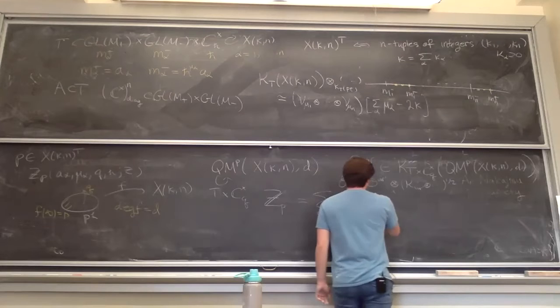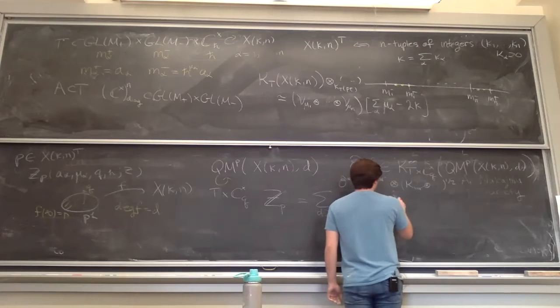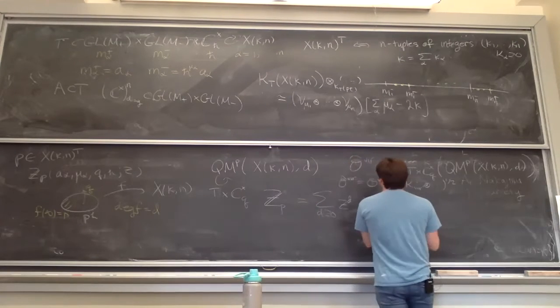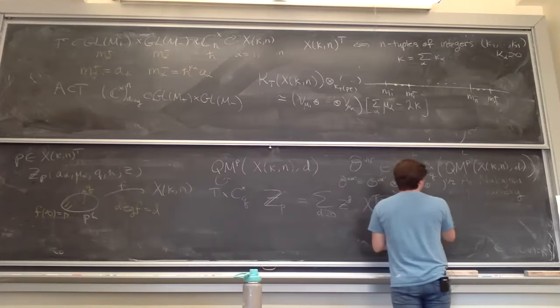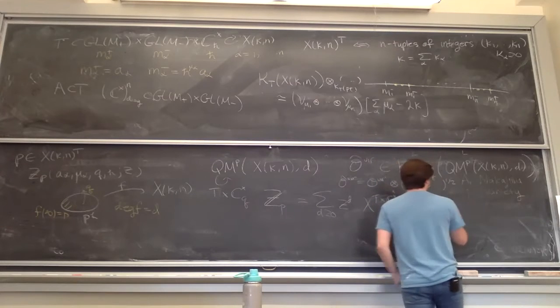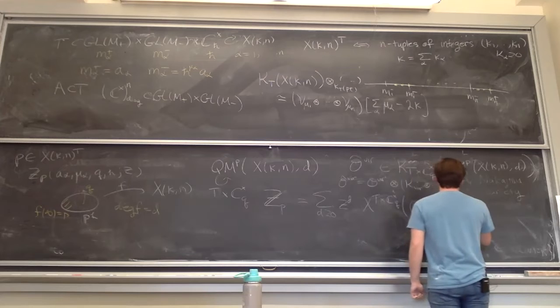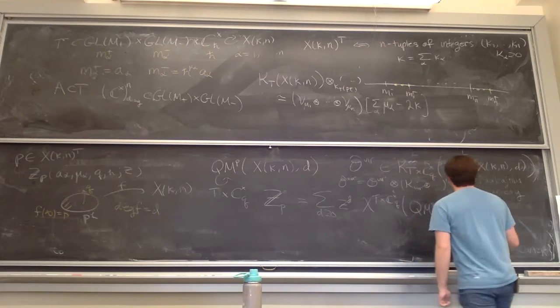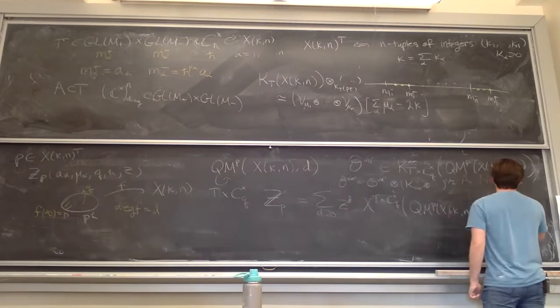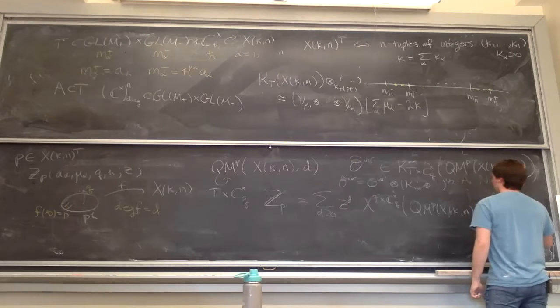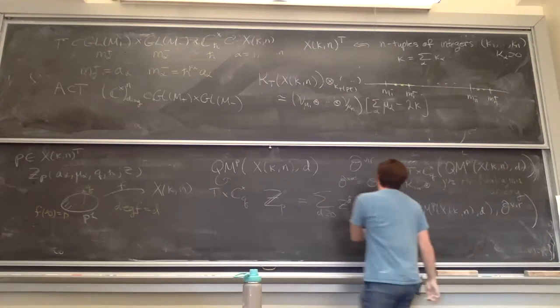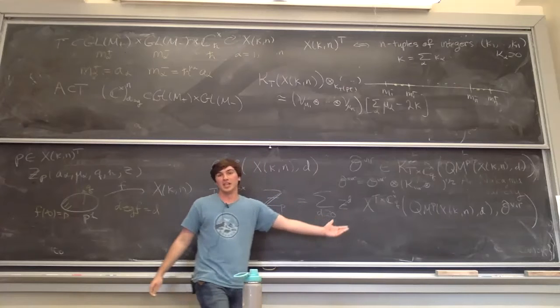And what you're doing is you're looking at the T times C star Q equivariant Euler character of the symmetrized virtual structure sheaf on this thing. And you can just explicitly compute this by localization.